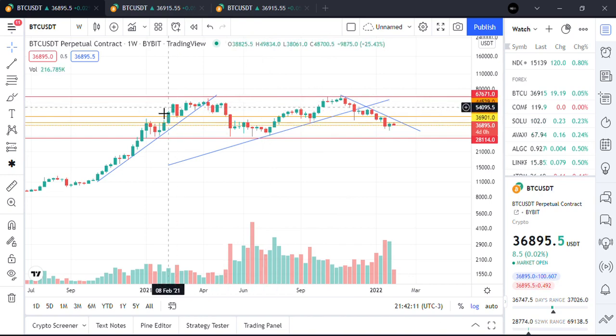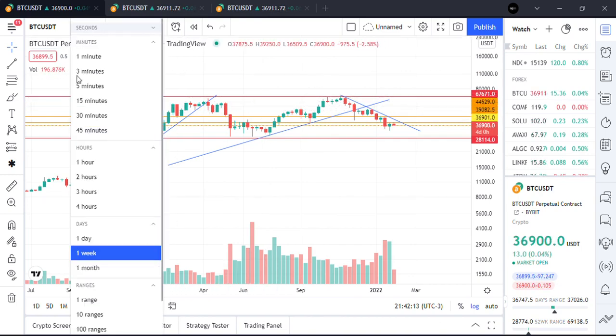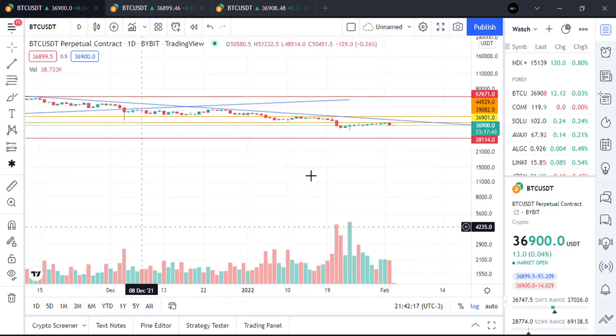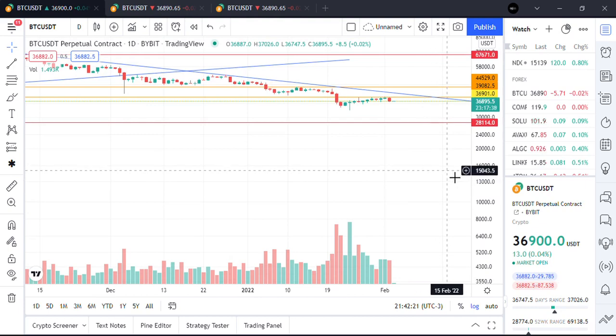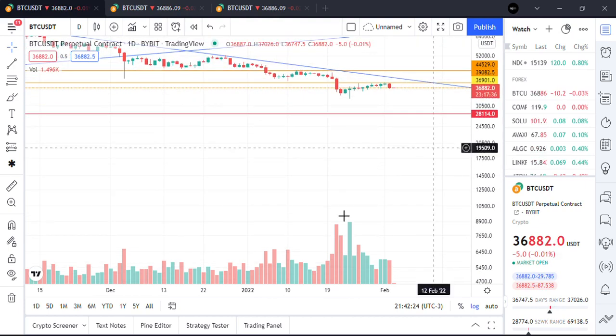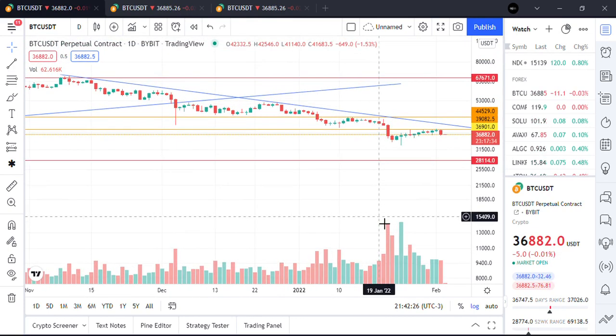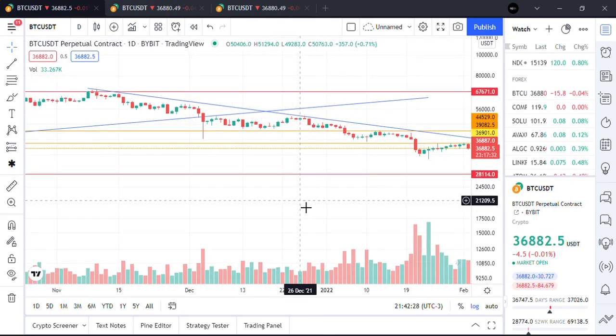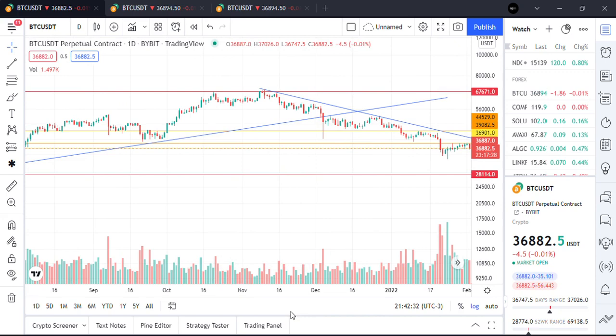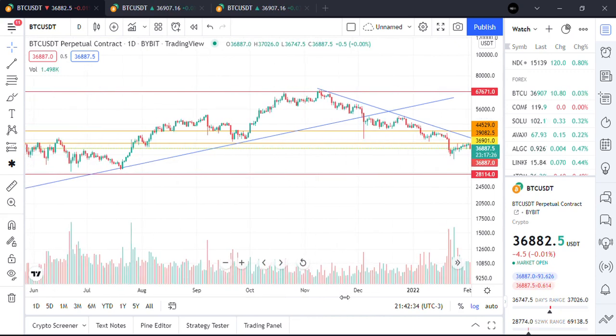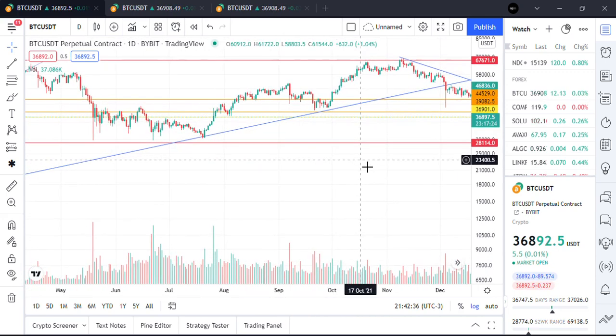So now let's go to a smaller time frame. Go to the daily. In the daily, you see how beautiful this looks. Now, you can see price basically bouncing off these trend lines.